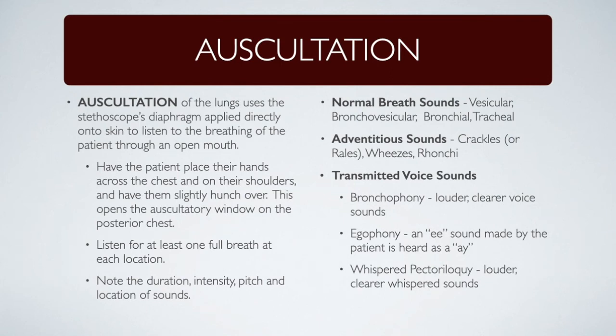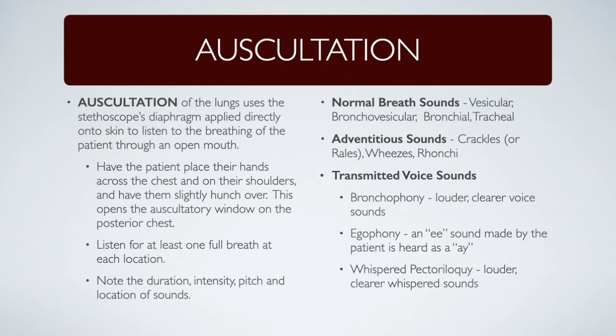Important technique: listen for one full breath at each location. It's not exactly a matter of time, but more a matter of a full cycle at each location. You have to note the duration, the intensity, the pitch, and the location of the sounds. So, what are some sounds that you will encounter in auscultation?